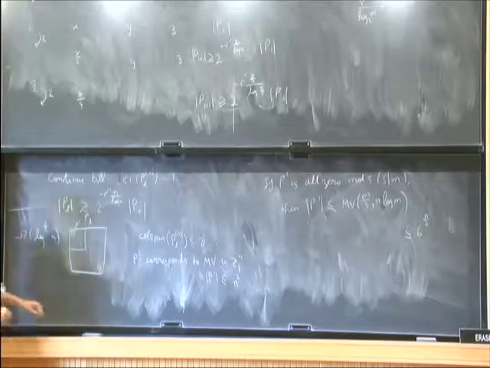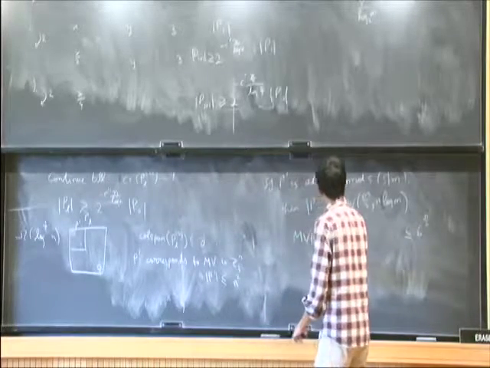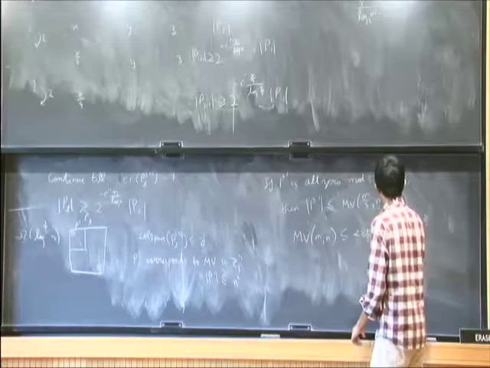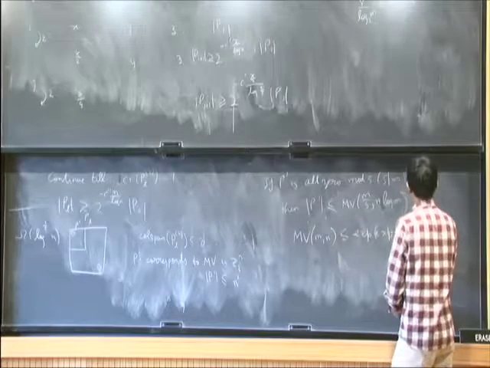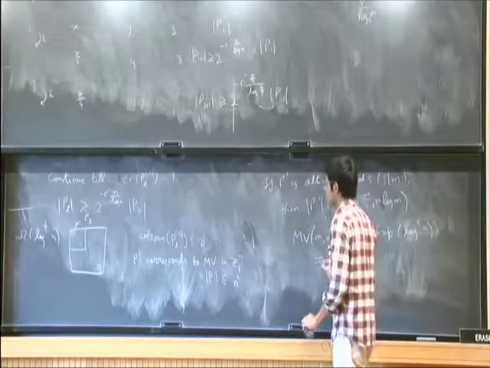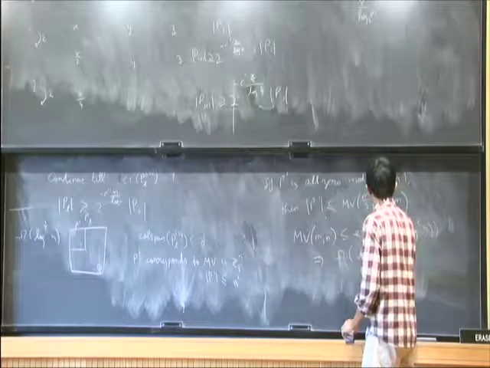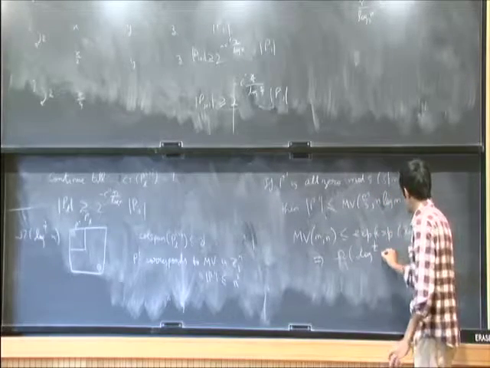So okay, let me just write this down. MV comma n at most exp of something would imply omega log. I think you'll get a 1/epsilon minus 1 or something, but yeah.